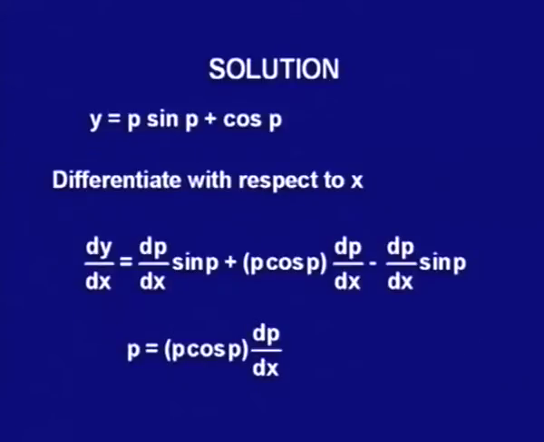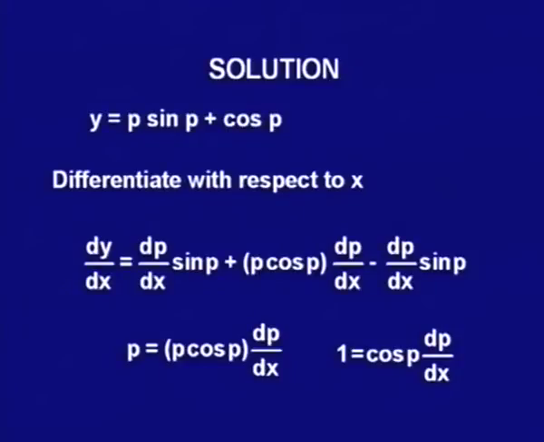So, p is equal to, now here dp by dx sin p and dp by dx sin p are getting cancelled out. We are getting p is equal to p cos p dp over dx, or 1 is equal to cos p times dp over dx.